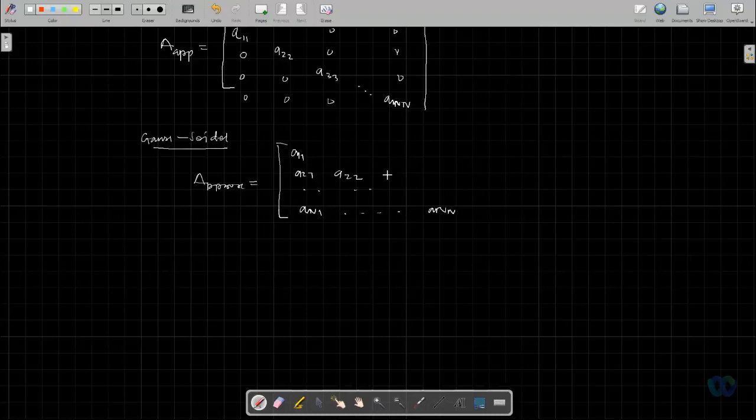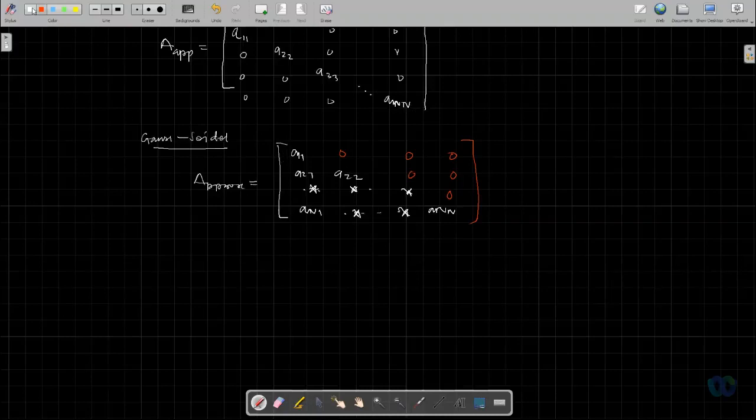All the above diagonal terms, all other terms become 0. This is a specific form we get in Gauss-Seidel, and in Gauss-Jordan, we get only the diagonal matrix. Here we get the lower triangular matrix.